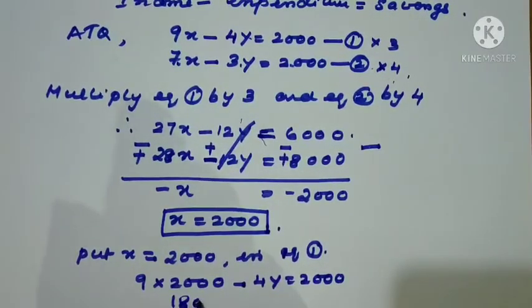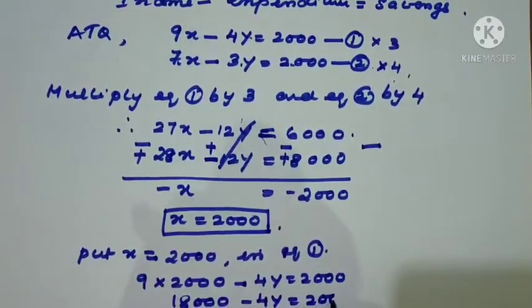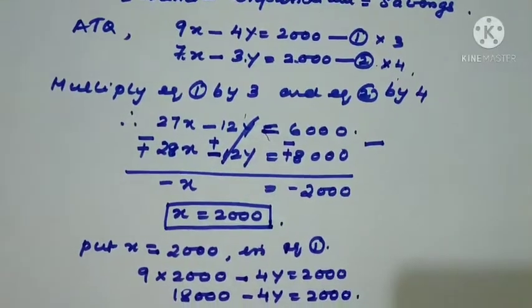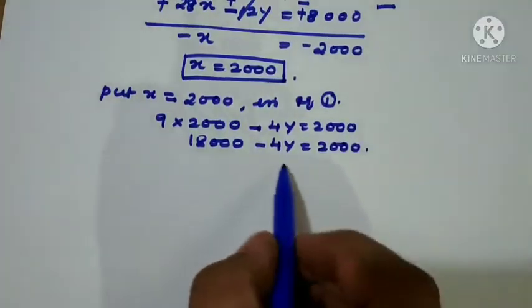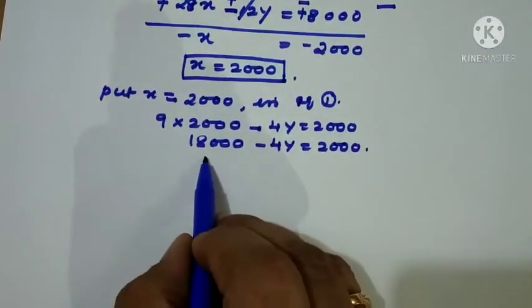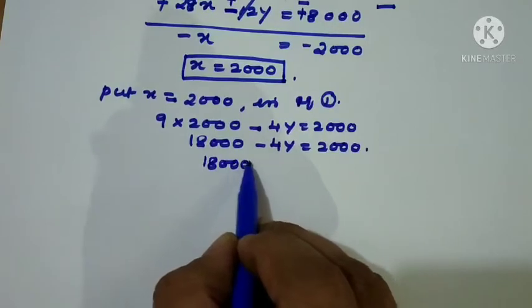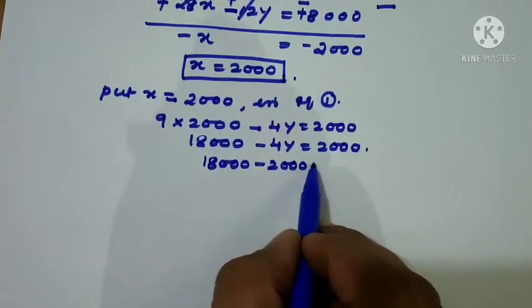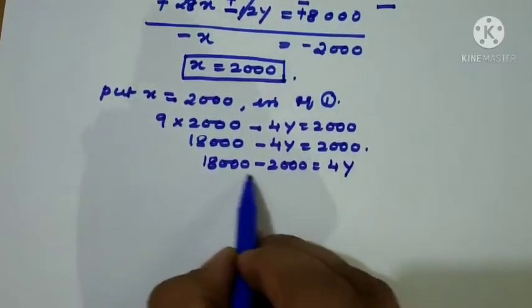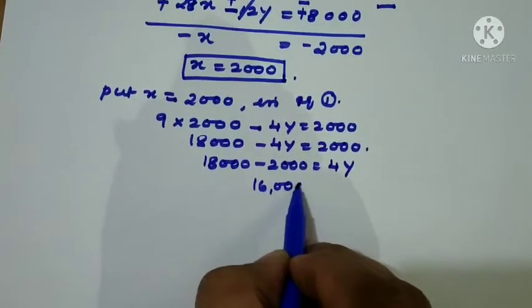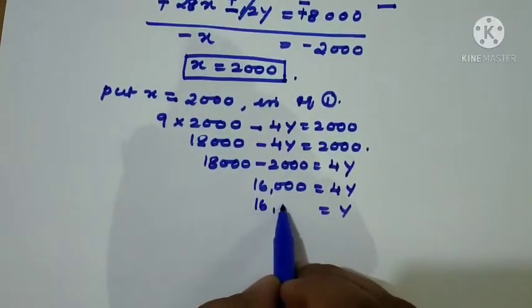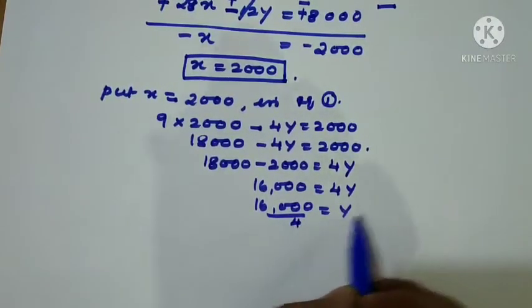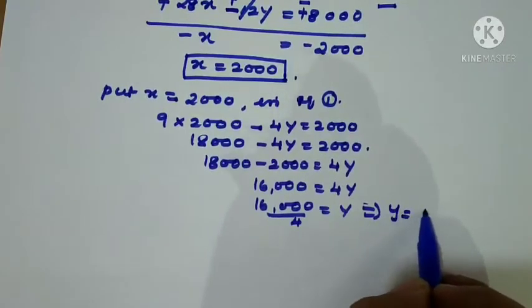So 18,000 minus 4y equal to 2000. Bringing 2000 to this side, 16,000 equal to 4y. So y equal to 16,000 by 4, which implies y equal to 4,000.